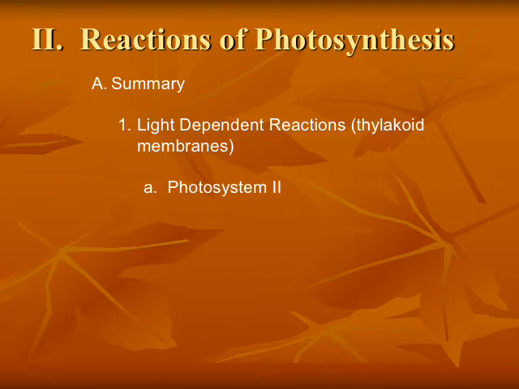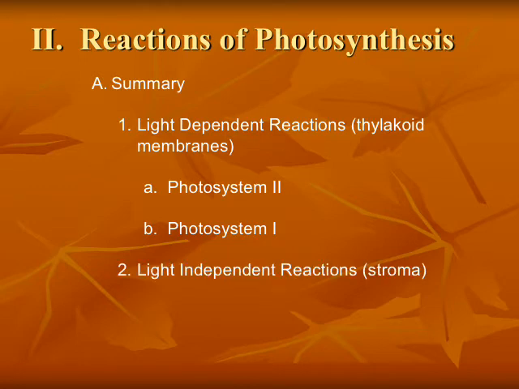And two subsets of the reactions include a set of reactions called photosystem 2 and photosystem 1. And the products of those reactions are then going to drive the light-independent reactions, which we said happen in the stroma of the chloroplast. And that set of reactions is commonly referred to as the Calvin cycle.